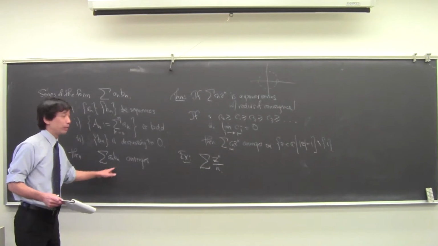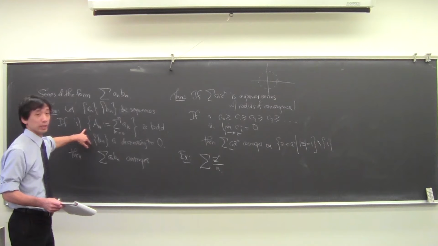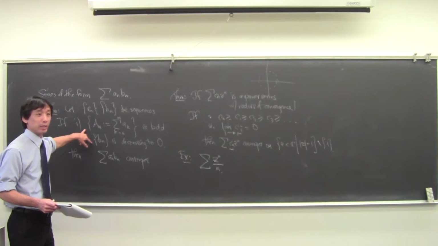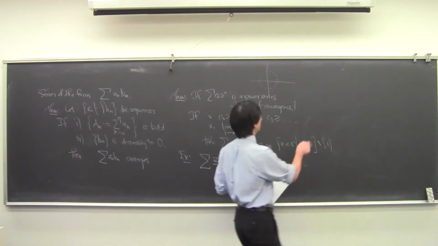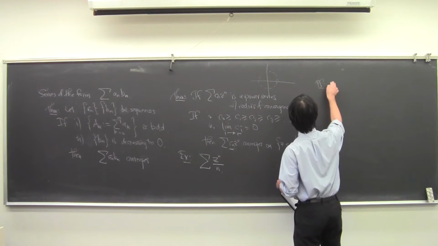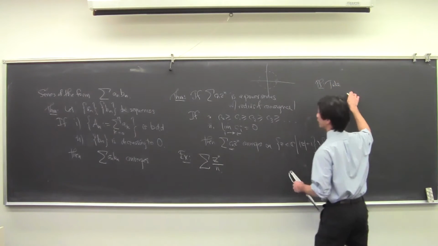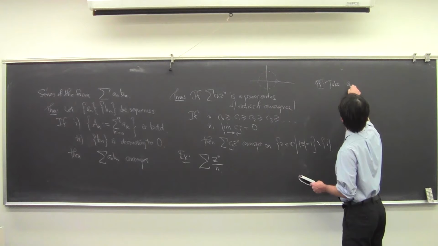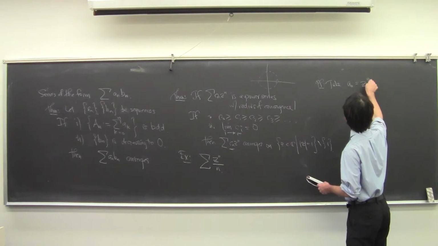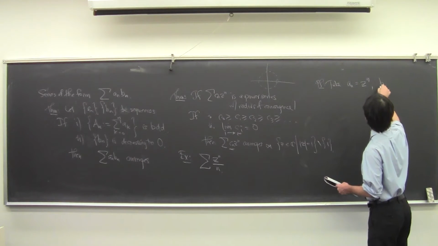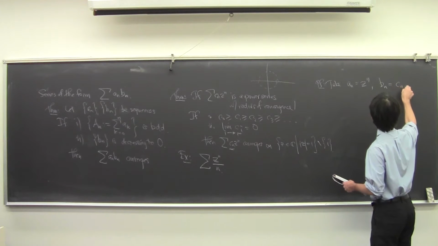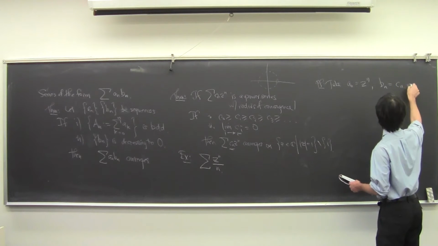Okay. So the proof, this is basically just a consequence of this theorem here, right? You take a sub n to be z to the n, take b sub n to be c sub n in the previous theorem.